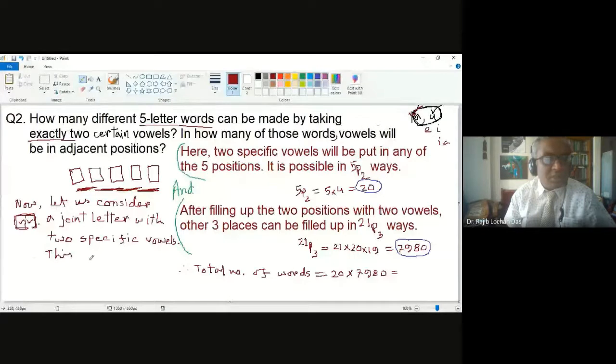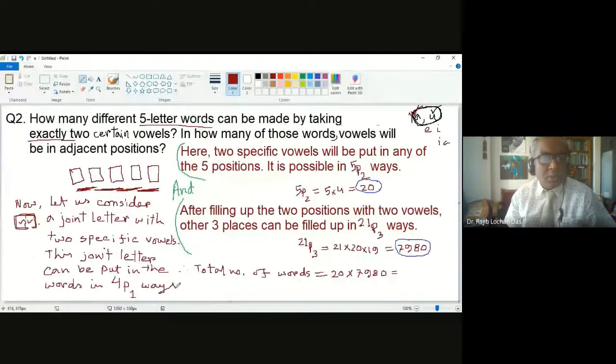And then you will write: this joint letter, or you can write double letter unit, this double letter unit can be put in the words in 4P1 ways.